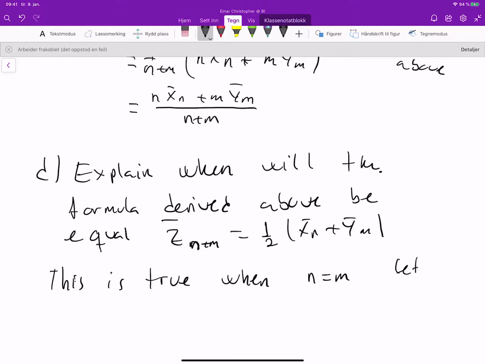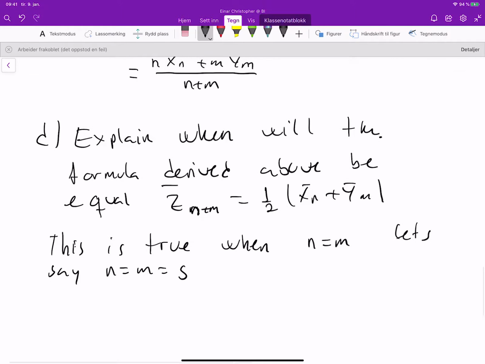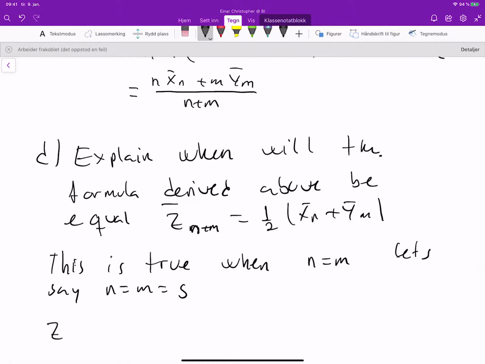Let's say n equal m equal s, for example. So then I replace in the real big formula the set n plus m bar, which is n xn bar plus m ym bar divided by n plus m.